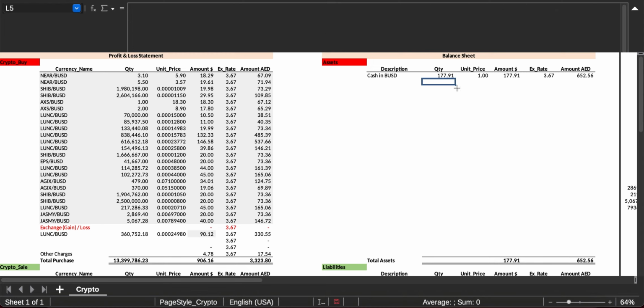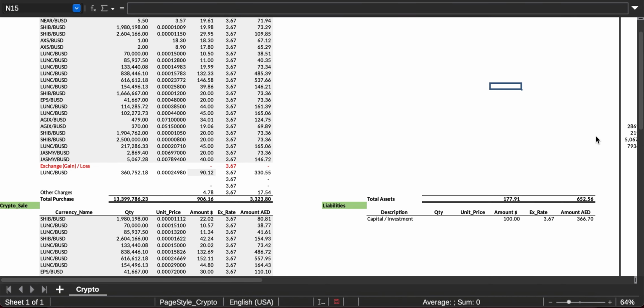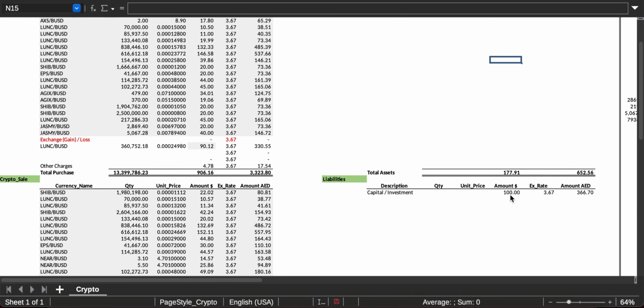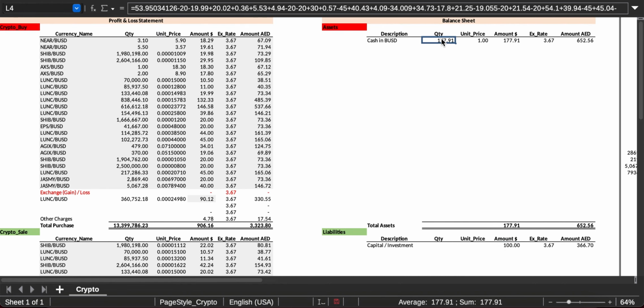So now you can see one thing. How much did we invest? $100. When we invested, we wrote 100 BUSD here.